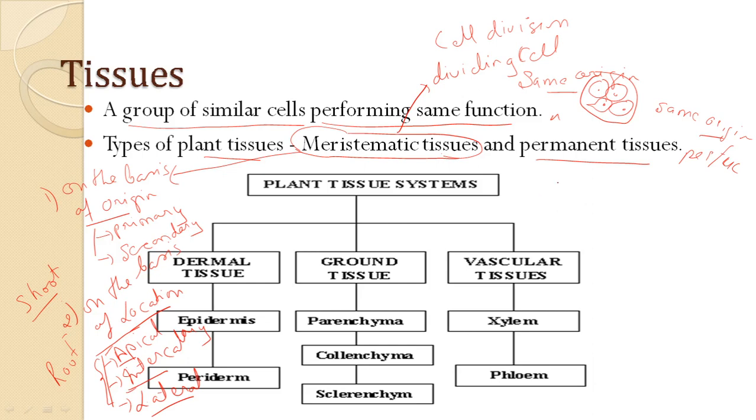While permanent tissues are divided into two groups: one is simple permanent tissue, and the other is complex permanent tissue.